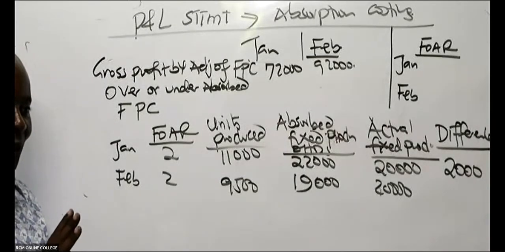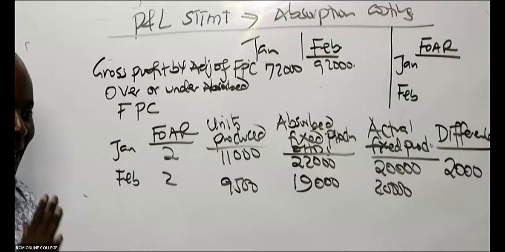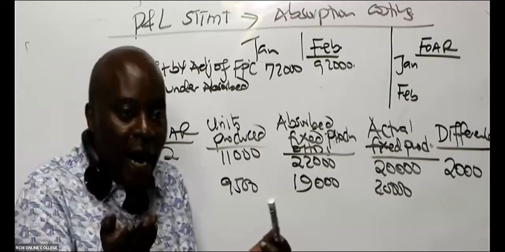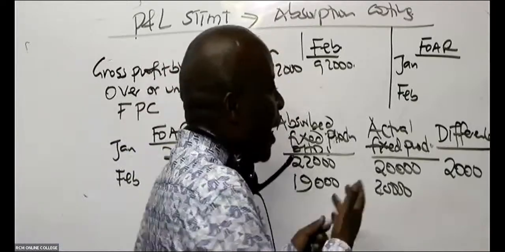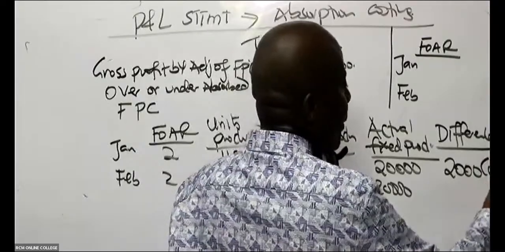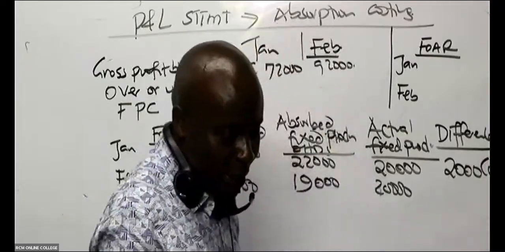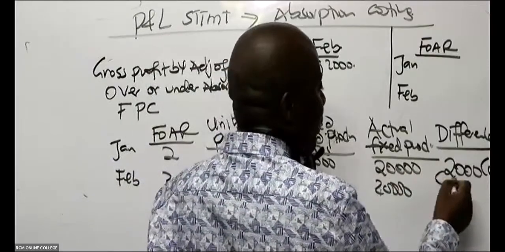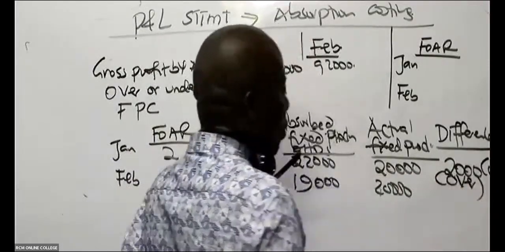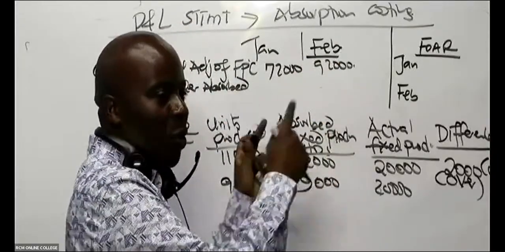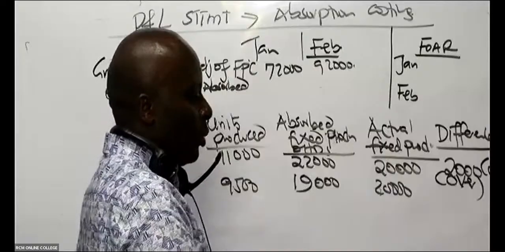Not absorbed, but I want you to tell me whether it's over or under absorbed. The absorbed was higher than the actual, so this is what we call over absorbed. I can see so many guys, even online, are giving me the opposite. For January, it's over absorbed because the absorbed is more than the actual.